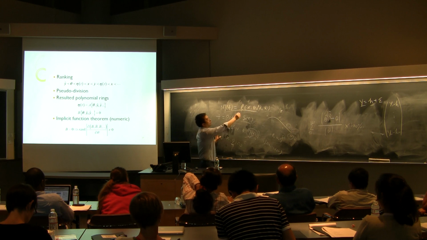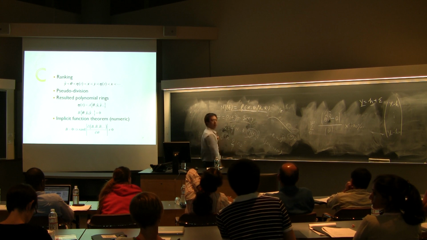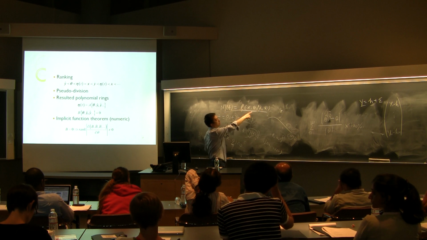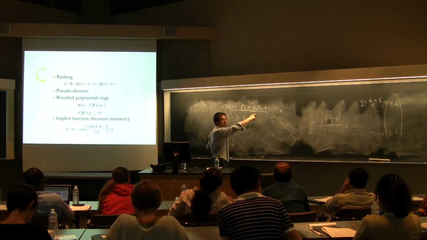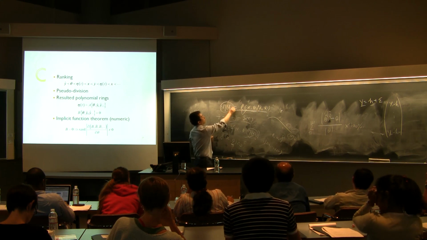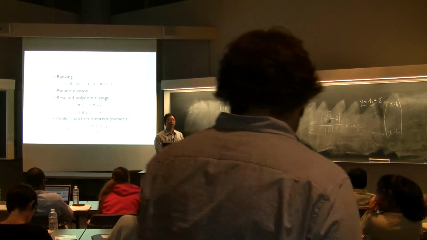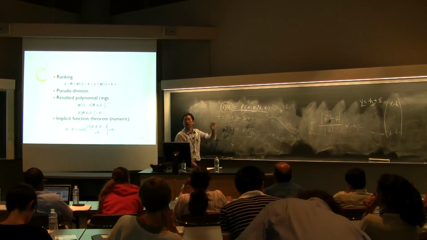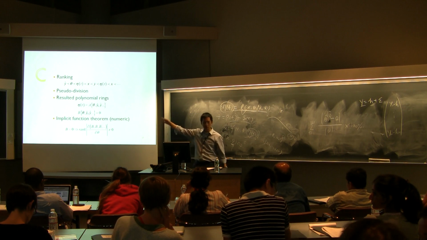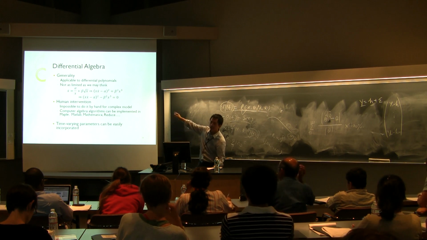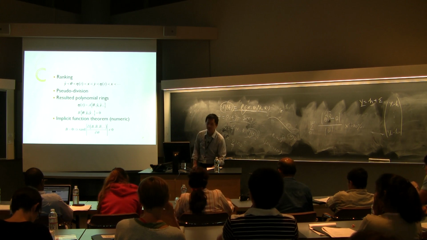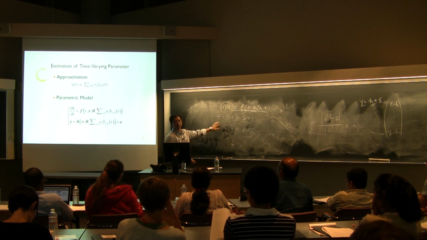So now if all my constant parameters are identifiable and my time-varying parameter can be expressed in terms of these identifiable constant parameters, then I'm okay. Then I know I can identify this parameter. So that's the basic idea. If you're really interested in this kind of thing, differential algebra is something you should look at, and the implicit function theorem is something you should look at. However, the basic idea is here.